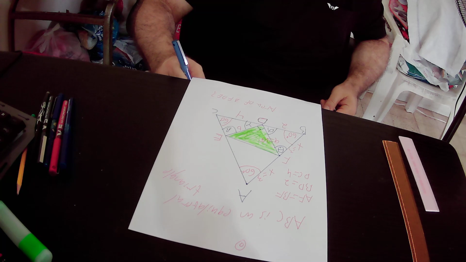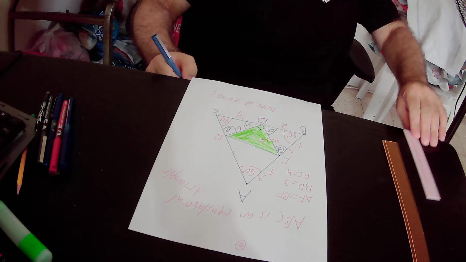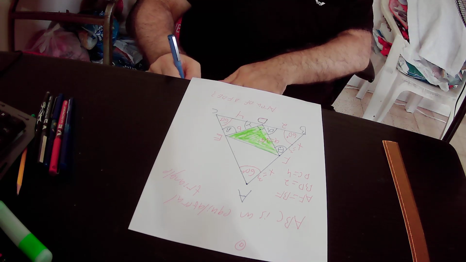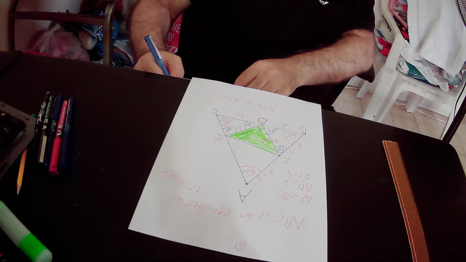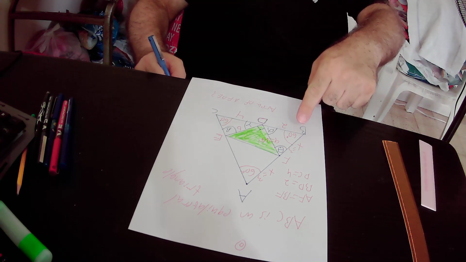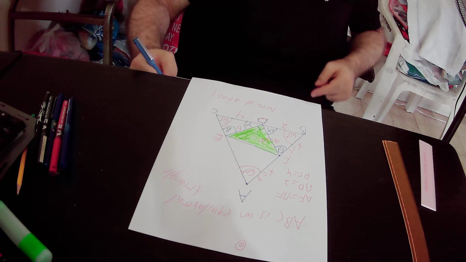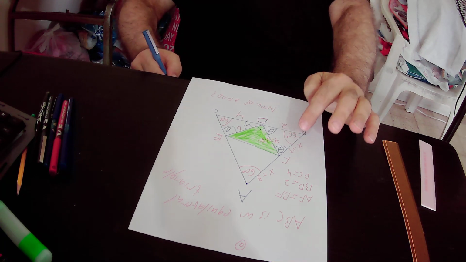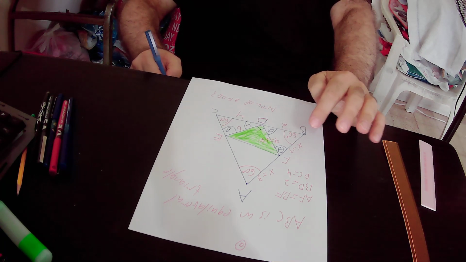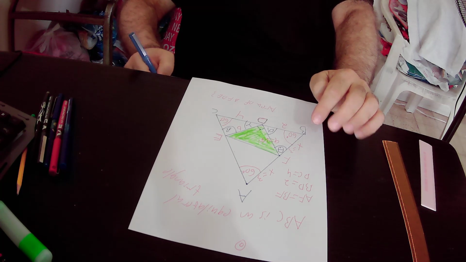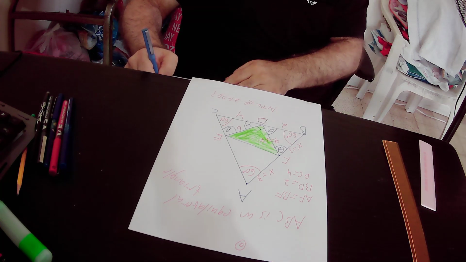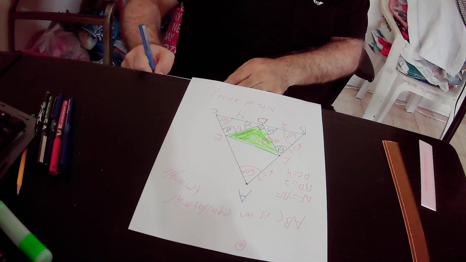The sum of the angles in triangle BFD is 60 degrees plus alpha plus theta.